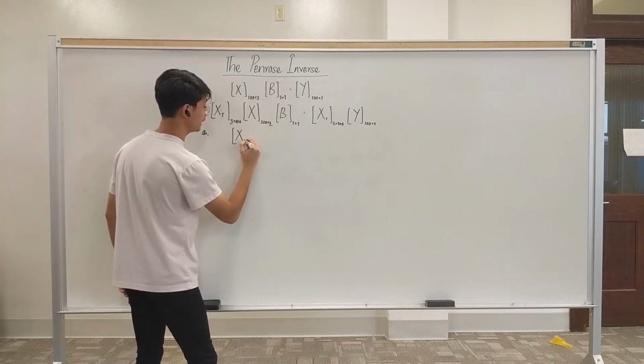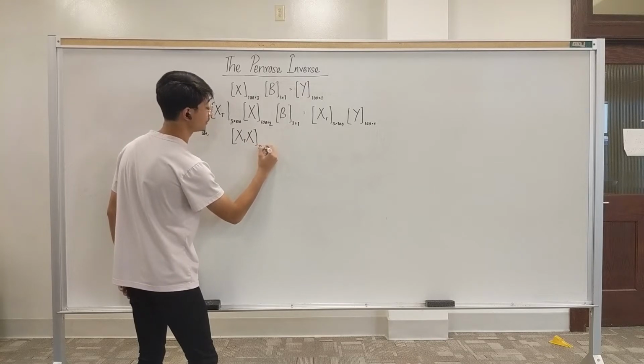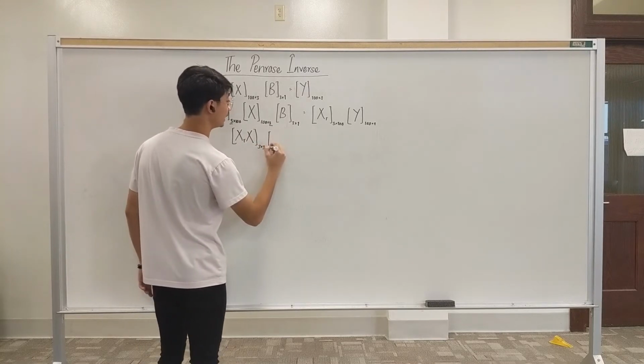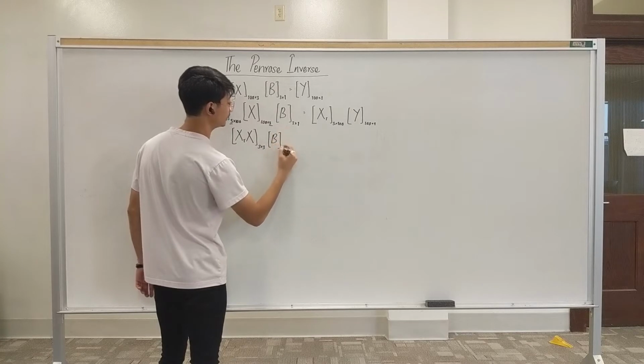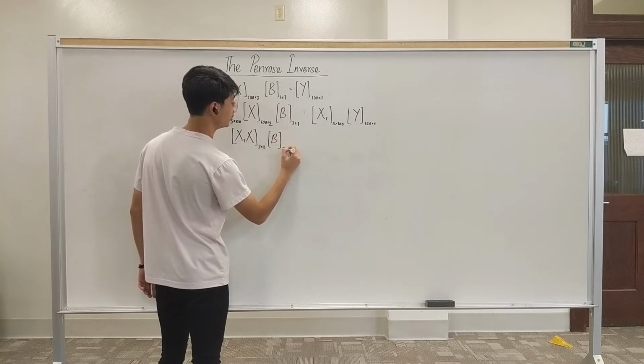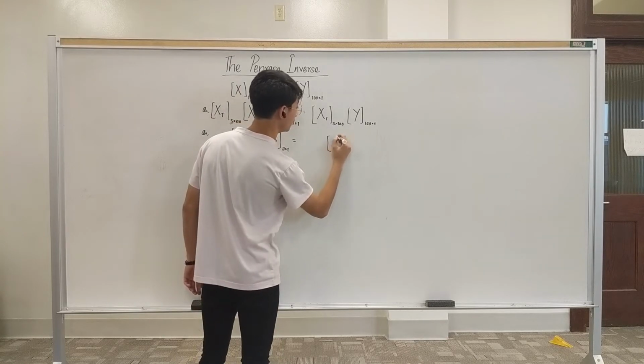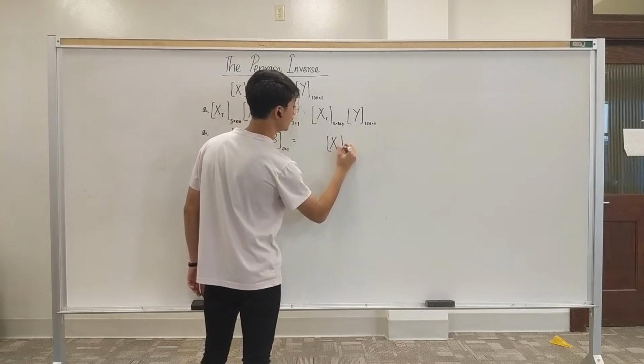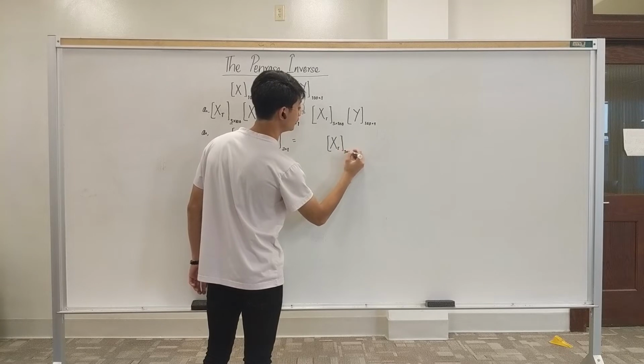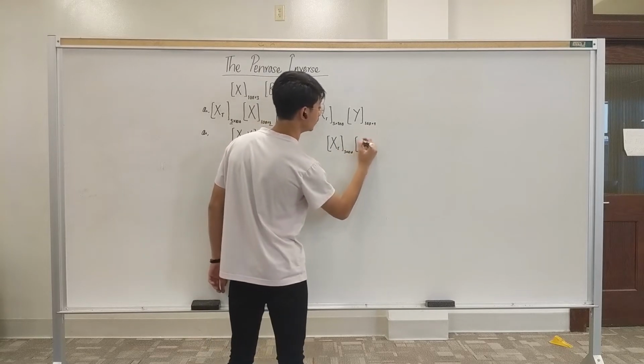The transpose of X times X matrix is going to be of dimension 3 by 3. And then we have our variable matrix 3 by 1, which is equal to the transpose of X times the y matrix.